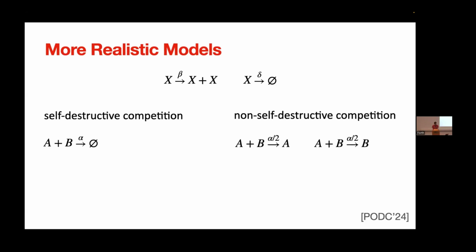Bacteria always duplicate, but they also die with some rate. It's not too high, but it always exists. So on the right-hand side now, as for any bacterial species, X duplicates, but it can also die with some rate. So this is one additional realism that we introduced.